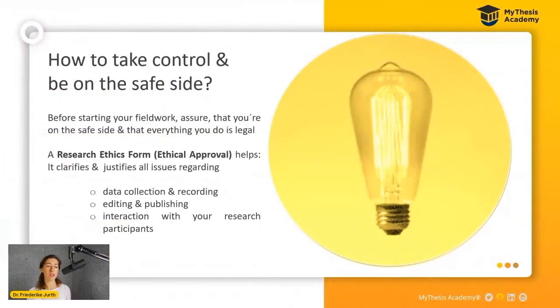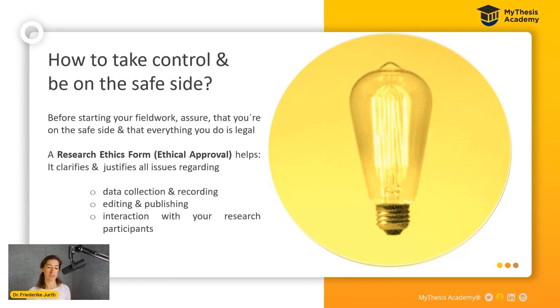So this concerns the preparation, the data collection and recording. It also concerns the time after your fieldwork, the moment of editing and publishing, and last but not least, the whole process of interacting with your research participants.